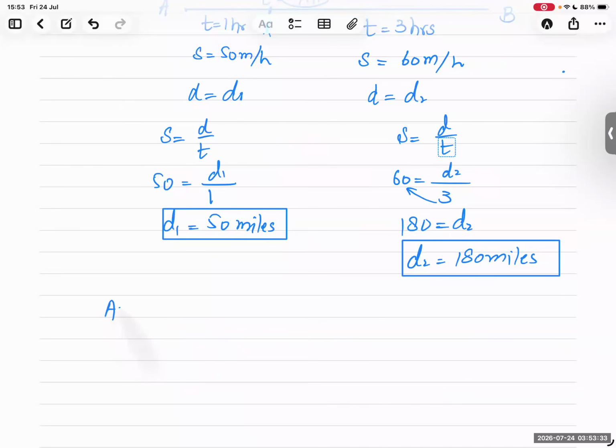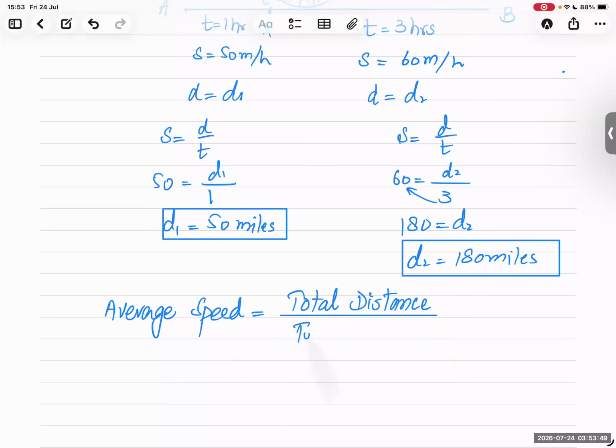So now when we have to find average speed, 230 over 4, that would be total distance divided by total time.